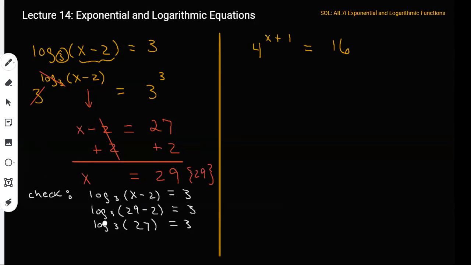And then I have a log base 3 of 27. What I can do is raise both sides with a base of 3. Or I could ask myself, what exponent does 3 have to be raised to get to 27? And that would just be a 3. So I get that 3 equals 3. That's my true statement.